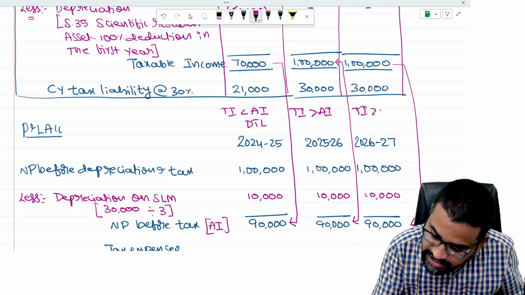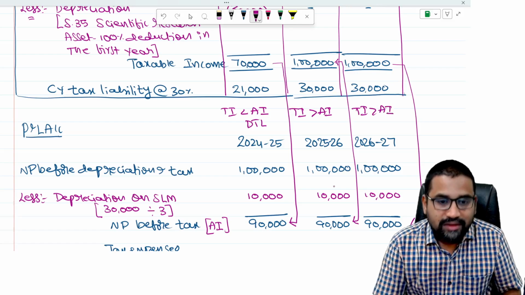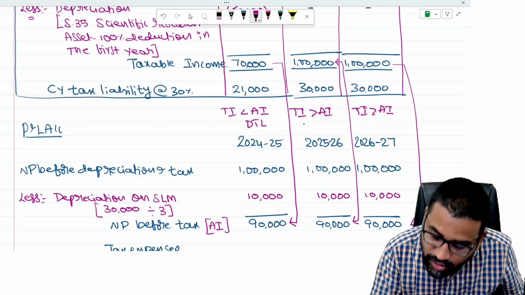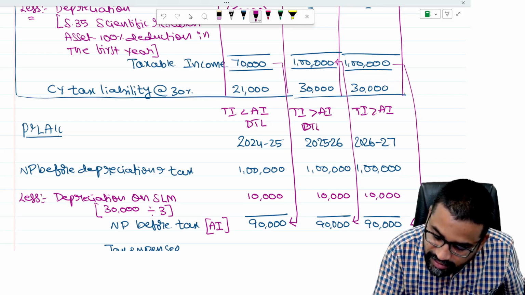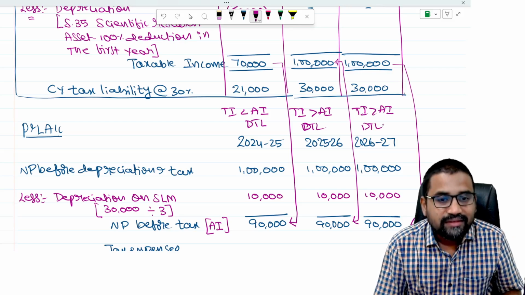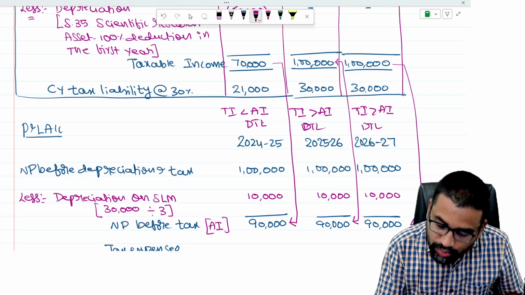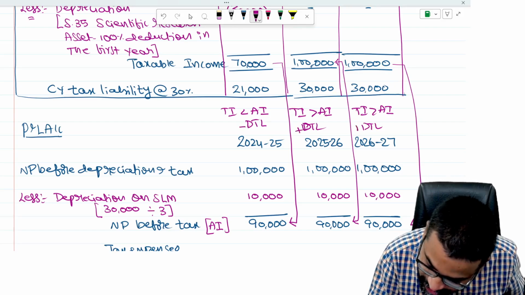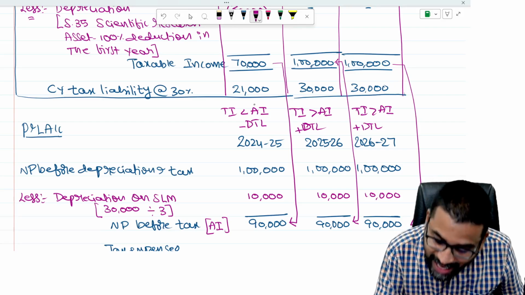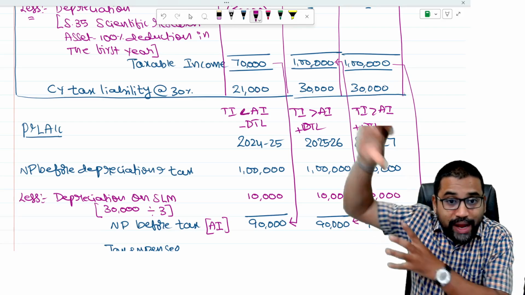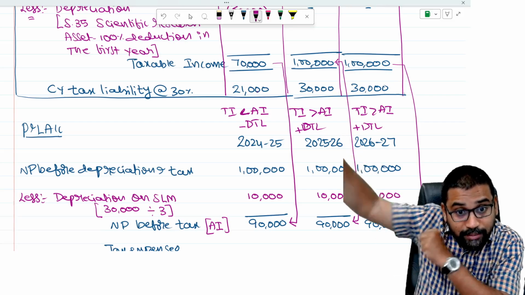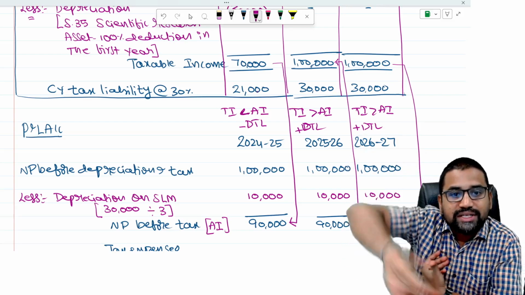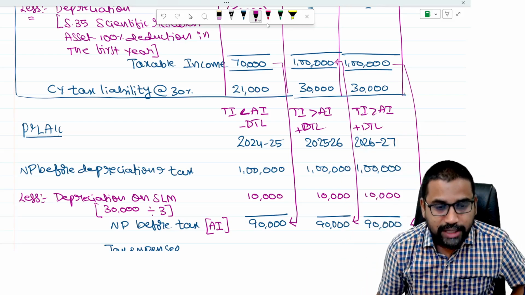So this DTL is going to reverse. So whatever you book DTL, next year this DTL will be reversed. So this year you booked a liability. Now next year this is going to reverse. See, you anticipated tax on timing difference, right? So as and when this difference reverses, you also reverse the deferred tax asset or liability.